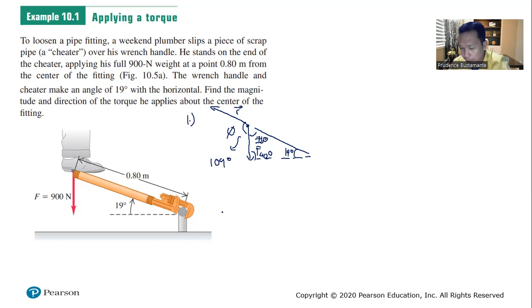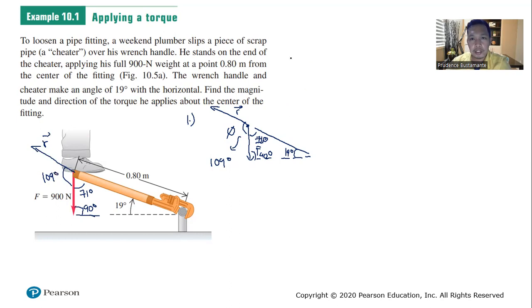Your phi is 109 degrees. So what I mean is this is 71 degrees and this is 90 degrees. This is your R vector, and this one here is 109 degrees.